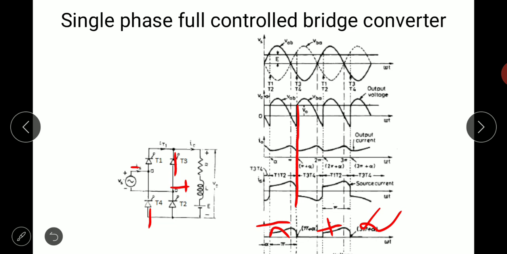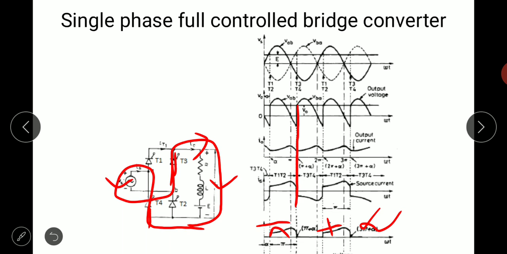Now the current will flow through thyristor T3 and T4. This will be the direction of current. You can see that the load current is positive here also.